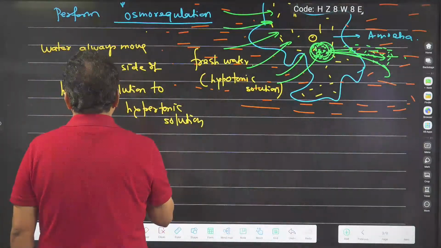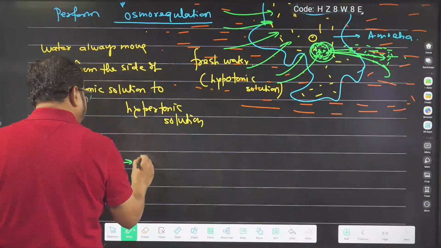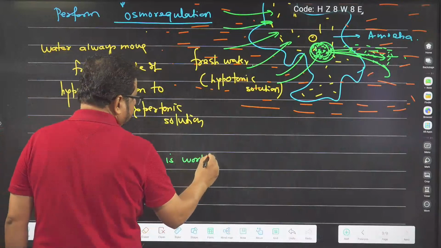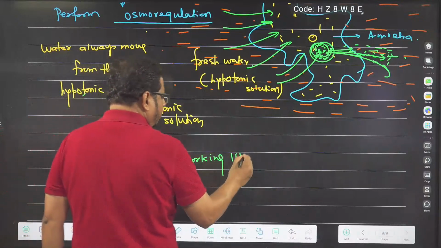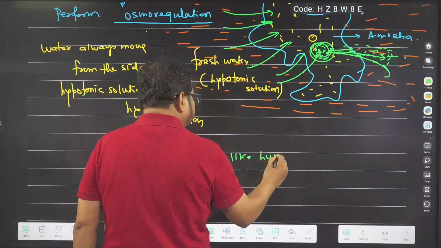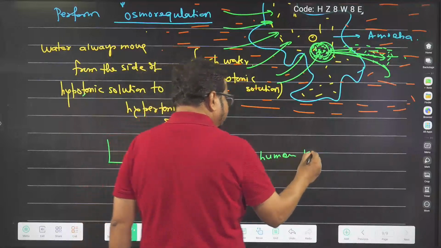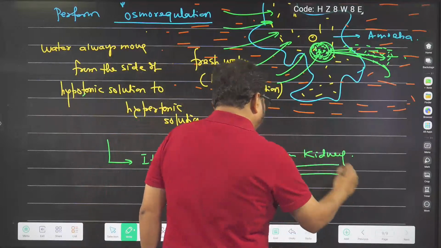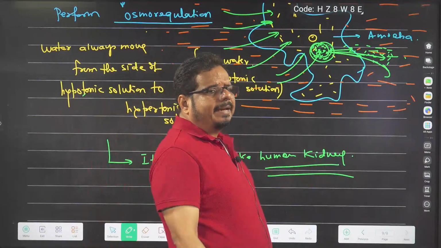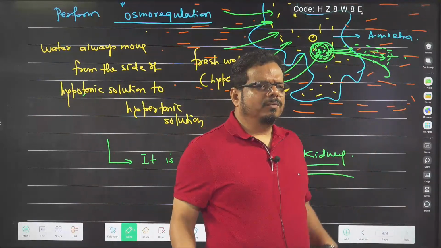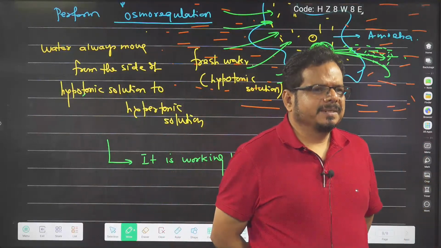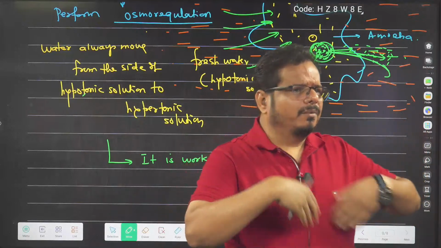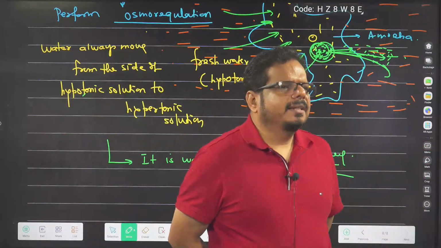So I am telling you that it is working like the human kidney. When we take more water, we pass more urine. Why is excess water removed by your body?